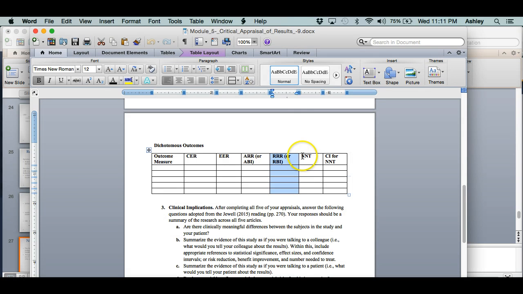Now, last but not least is the number needed to treat. And confidence for a number needed to treat is literally just a confidence interval that's provided for this. So you may or may not have that information in your article. And if you don't have something, just simply put NA.